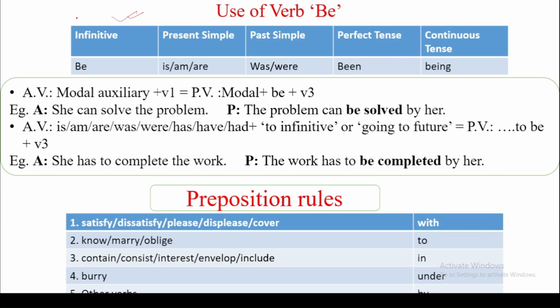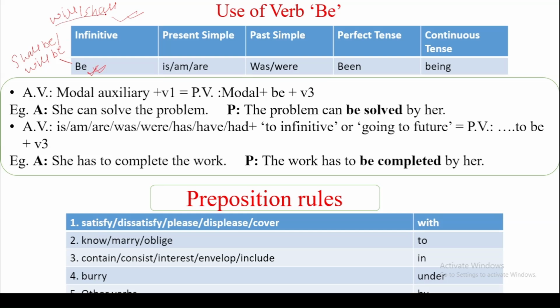If there is future having will or shall, we use verb be as be. It means it will become shall be or will be.